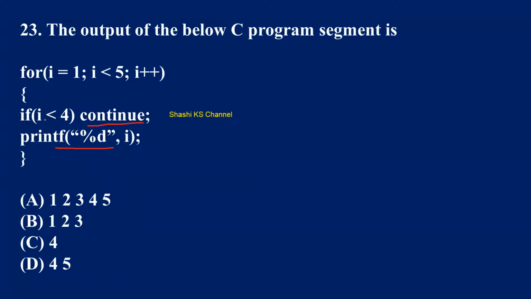When the value of i becomes 4, the condition i less than 4 becomes false, so that iteration will not be skipped and it executes the next statement. So printf will get executed and it will print 4. The answer to this will be option C, 4.